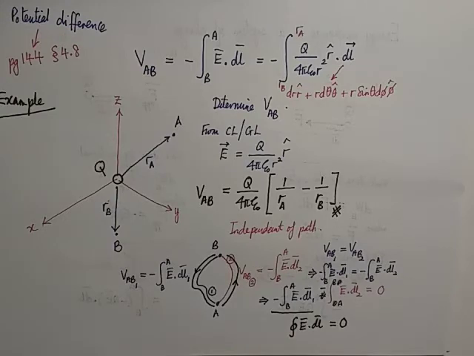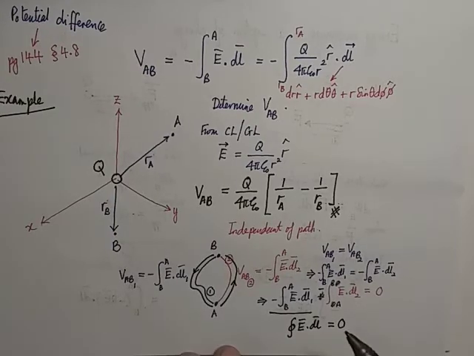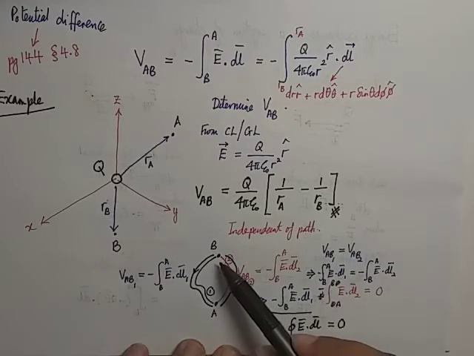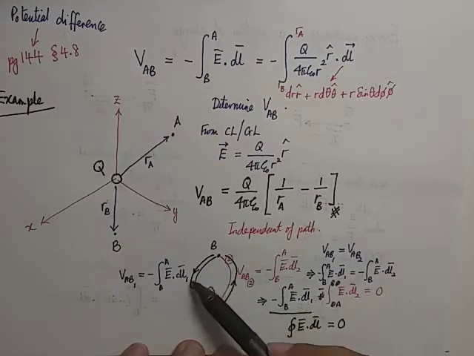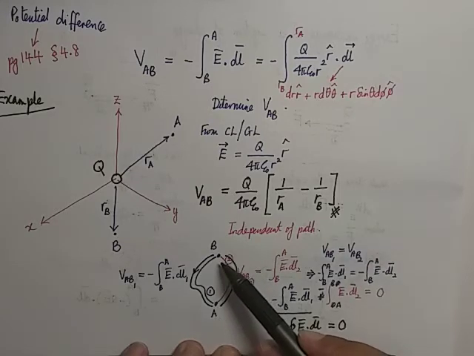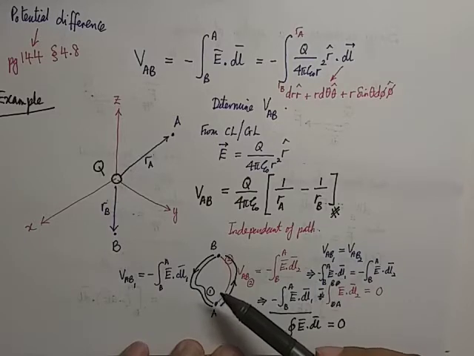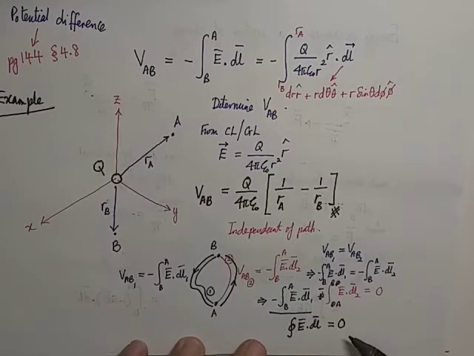Because you can see from the mathematics, it's starting from B and ending at B. So if I start from B, move all over the place but end again at the same point B, the total work done by me, the external source, is equal to 0. Okay, so this equation is important.